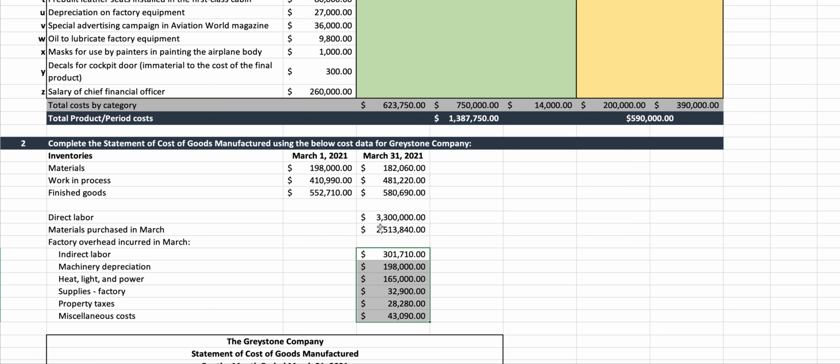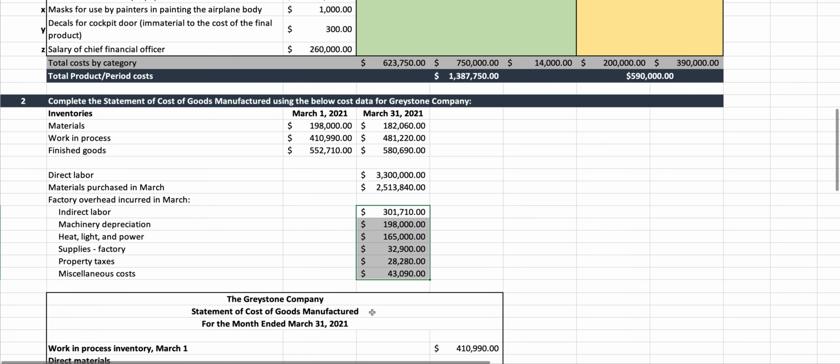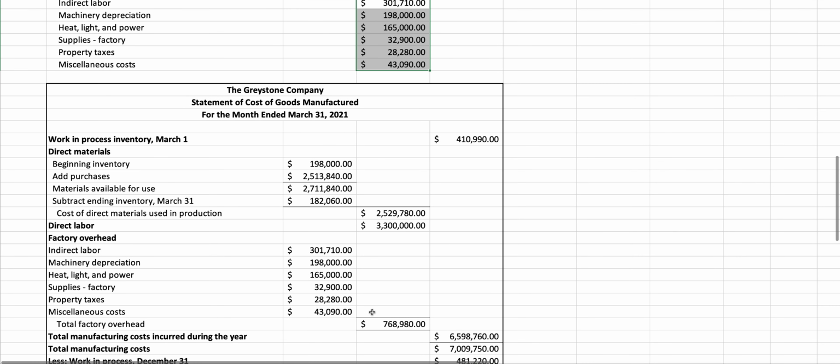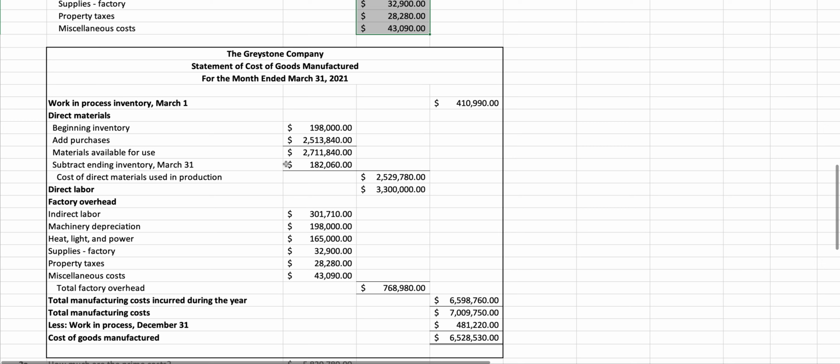So we're going to take all of this information and put it into our statement of cost of goods manufactured. And you can actually see that I've already populated this, but let's walk through the thought process. So the statement of cost of goods manufactured, we're always going to start with our work in process, I'm sorry, the inventory in process as of the first day of the reporting period.